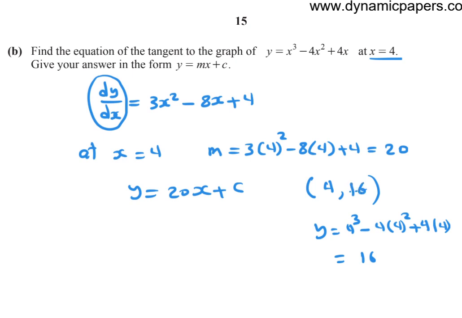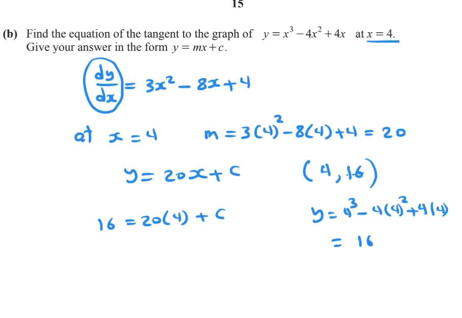So the point is (4, 16). Now by substitution, 16 equals 20 times 4 plus c. So c equals 16 minus 80 equals negative 64. So the equation of the line is y equals 20x minus 64.